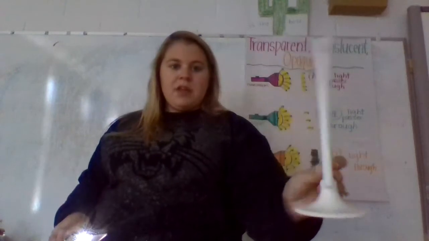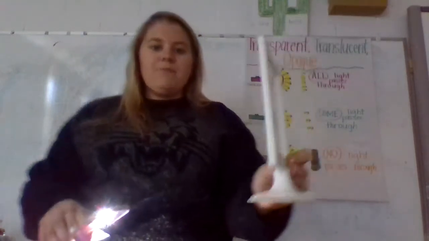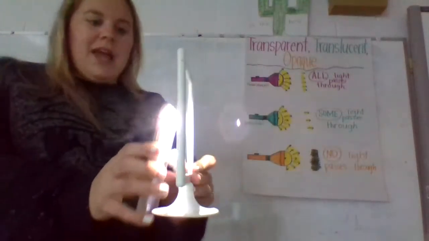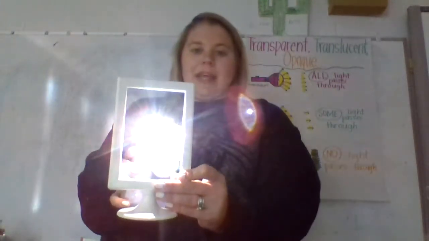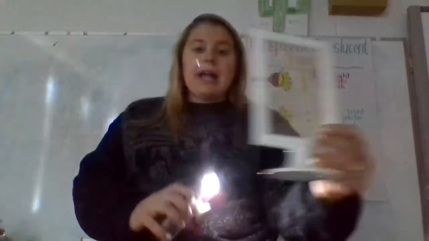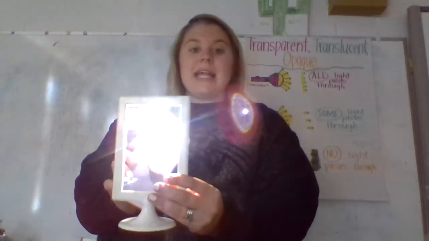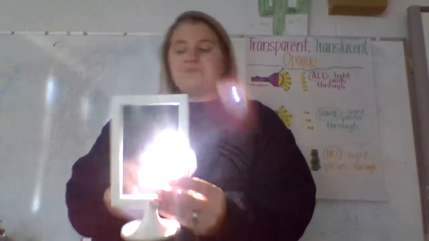The first object we're going to look at is this picture frame. It's just a white picture frame with clear lenses in the middle. If I shine my light up to it, you can see through the camera all of that light is passing through. So the clear in this picture frame is transparent because it is letting everything go through.